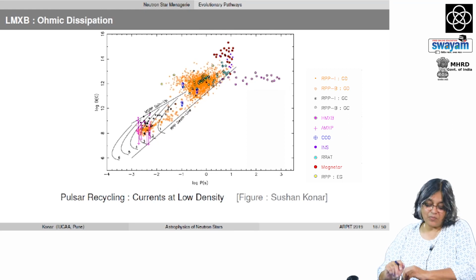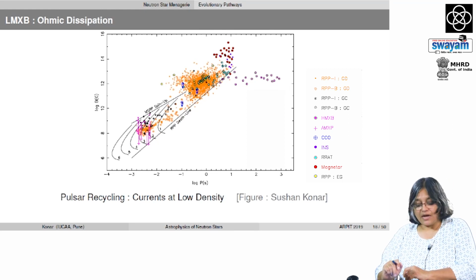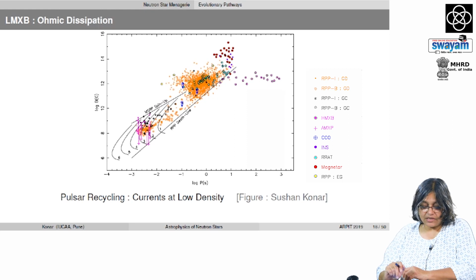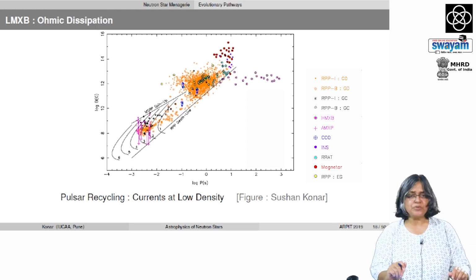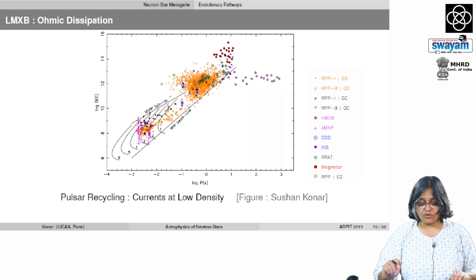Just to complete the story, if the currents are at a very low density, then most of the pulsars would be generated with fields so low that such spin periods are not supported by neutron stars and the magnetic field is very low. Therefore, the emission processes would not work and we would not see them as radio pulsars.